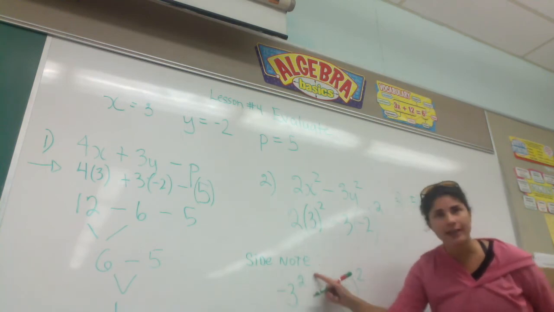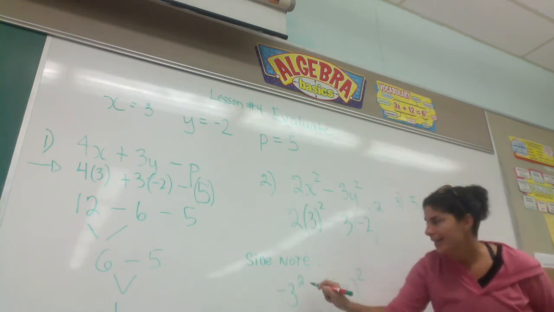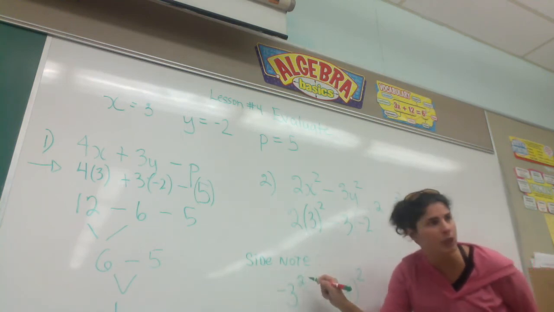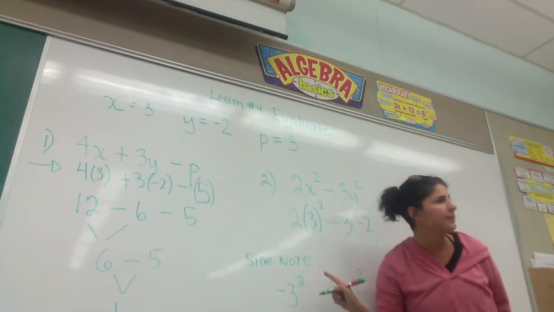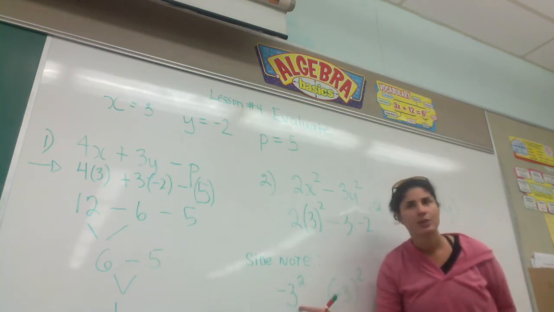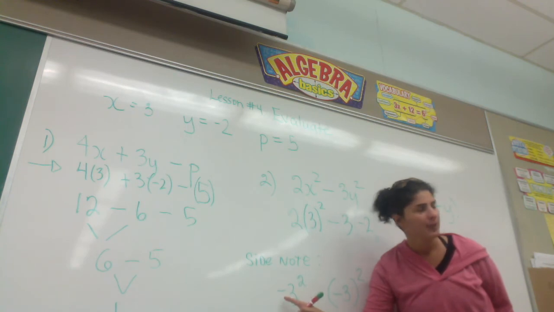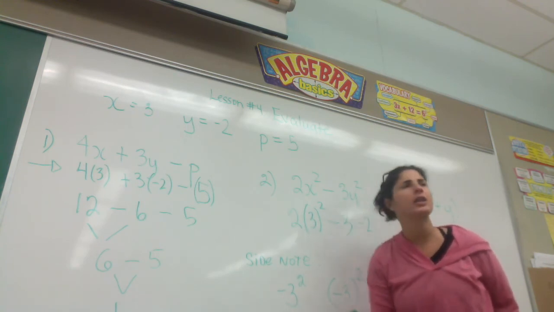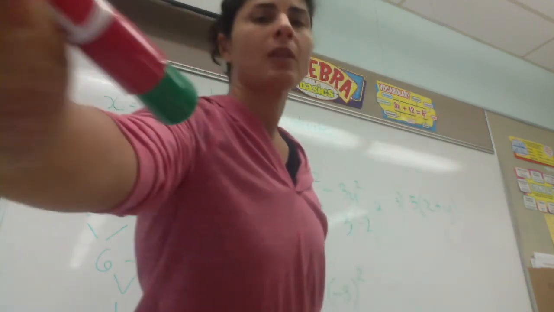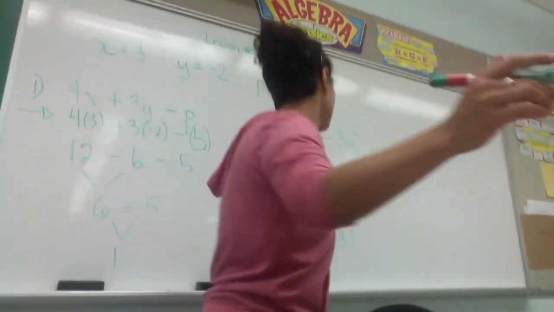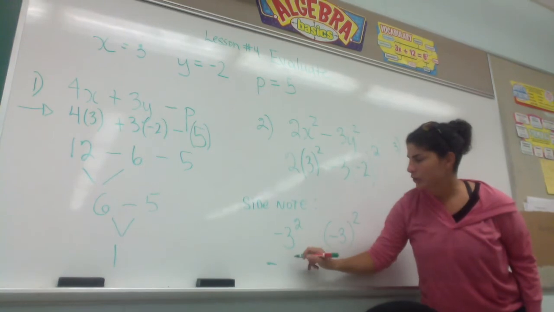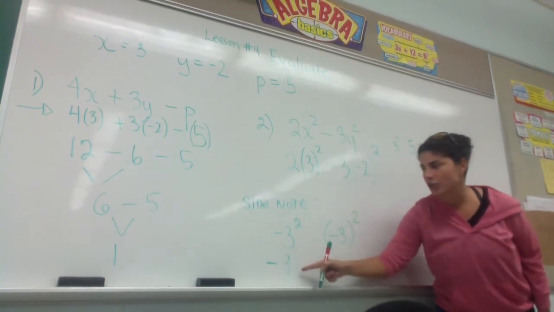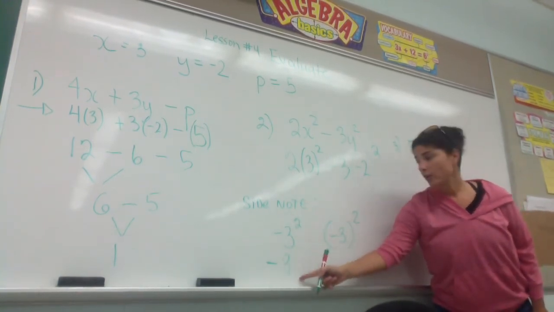This one here is telling me that the little exponent 2 belongs only to the 3. So the negative comes down because it's not being used at all. So 3 times 3 is 9. This is the answer when I don't have brackets.